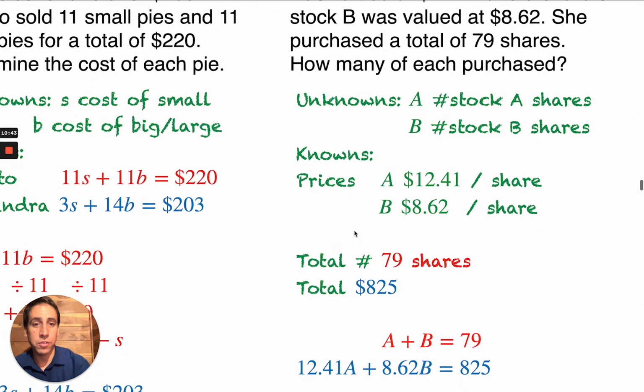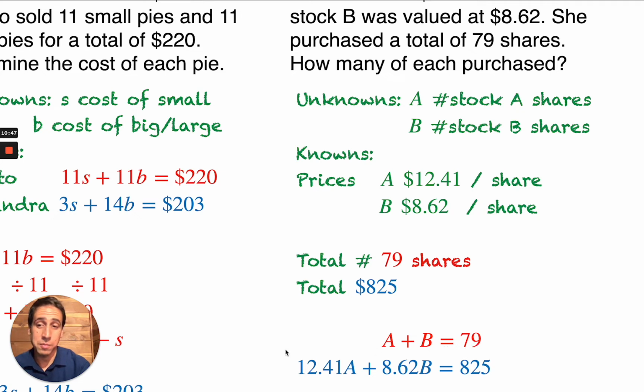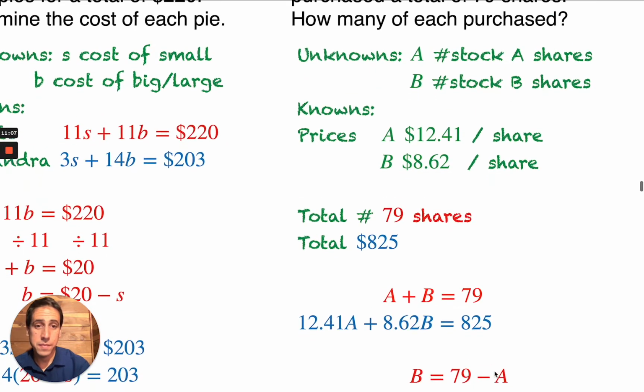So I can use those totals to write equations, and many of these are going to be like in standard form. You can see total 79 shares. That'll be A plus B is equal to 79. Total money is going to be this: the price A plus price B is equal to a total $825. So look for those totals. It's going to show up all over the place.